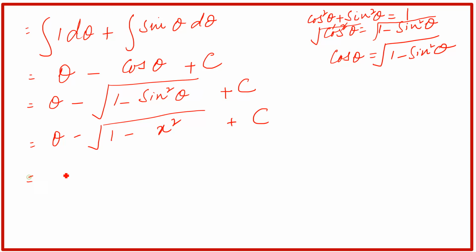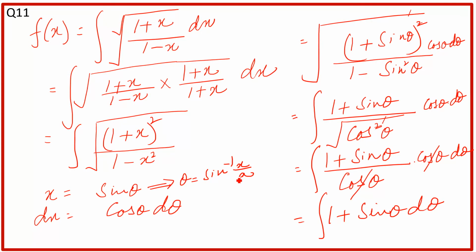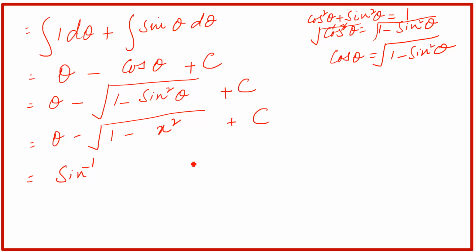And instead of theta I can use sine inverse. Sorry, because we have supposed x is equal to sine theta, so theta is equal to sine inverse x. So sine inverse x minus the square root of 1 minus x square plus c. This is the answer now.